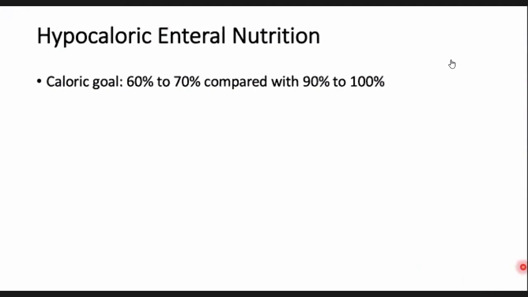Caloric restriction attributes its benefits to improved cellular function in terms of insulin sensitivity, mitochondrial free radical generation, and plasma membrane redox system. The caloric goal is to give at least 60 to 70% of the needed enteral nutrition compared to giving a full 90 to 100%.